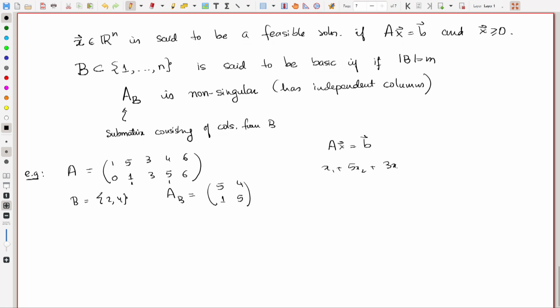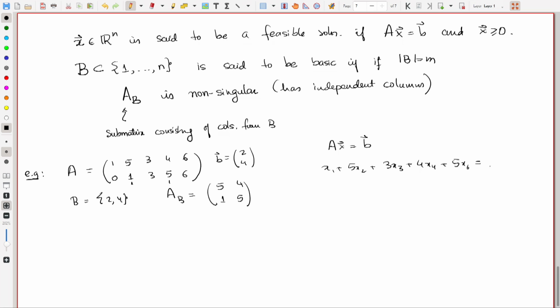plus 3 x3 plus 4 x4 plus 5 x5 is equal to, I need some b, right. So, let us put some b, something.